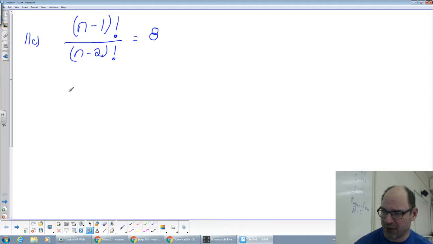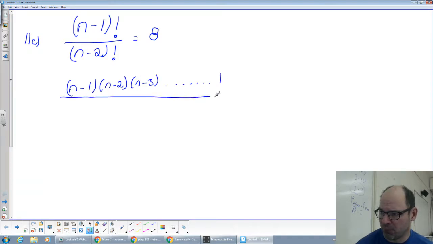So I'm going to expand the whole thing out so that we can see it. N minus 1, then n minus 2, then n minus 3, and we're going to do that all the way down to 1. That's the top. The bottom starts at n minus 2, then n minus 3, n minus 4, and so forth, all the way down to 1. And that's going to equal 8.